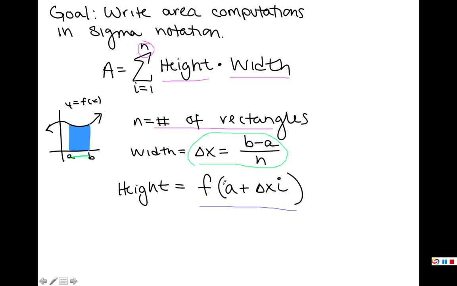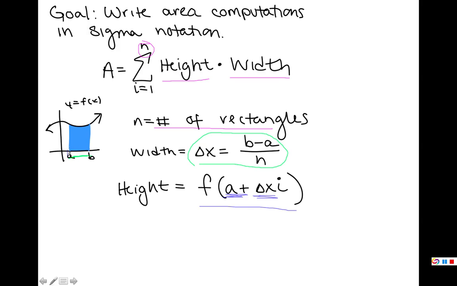And the numbers that we plugged in, and this is a formula that's going to work for right endpoints, but I'm only going to ask you to do sigma notation for right endpoints, okay? So what this is basically saying is we start at a and we add 1 delta x for each rectangle.